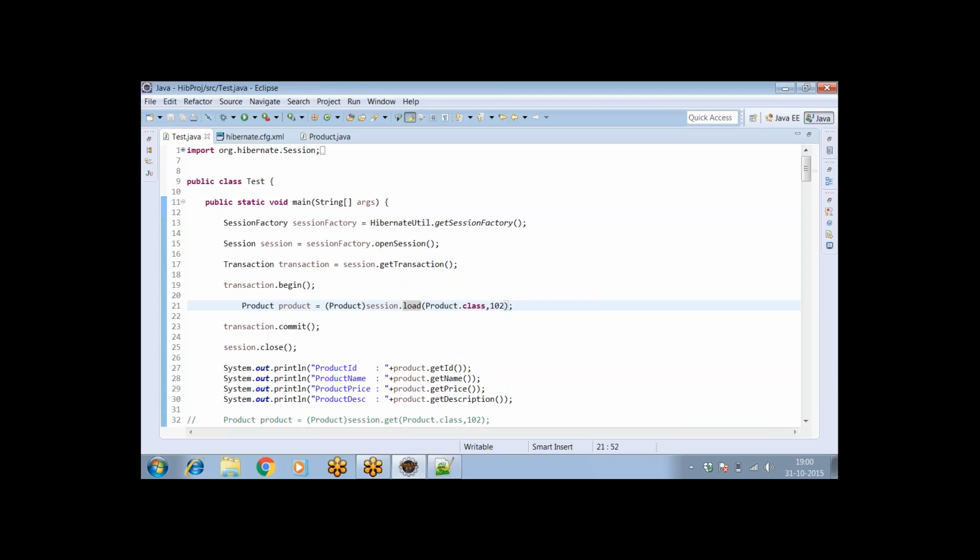Now, when we use the lazy loading strategy, which is provided by the load method, what is the advantage? Do you see any advantage for lazy loading?